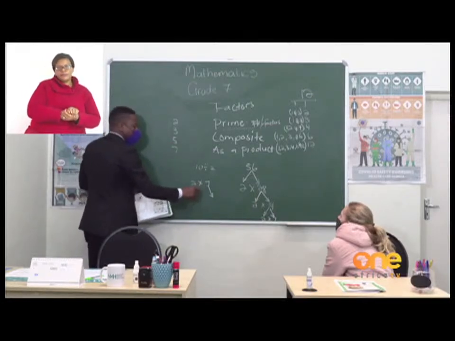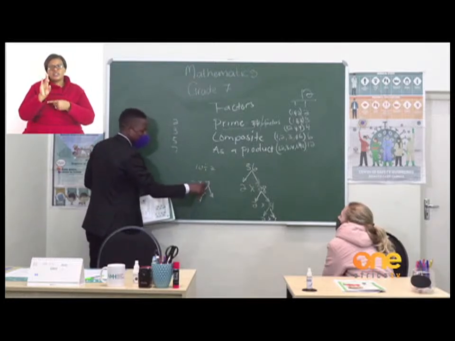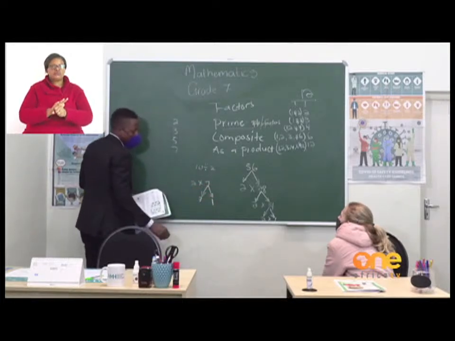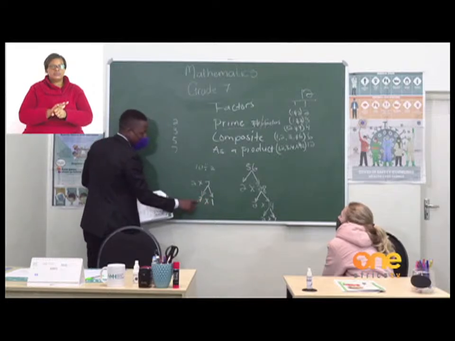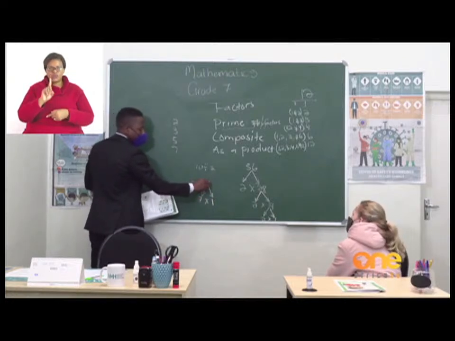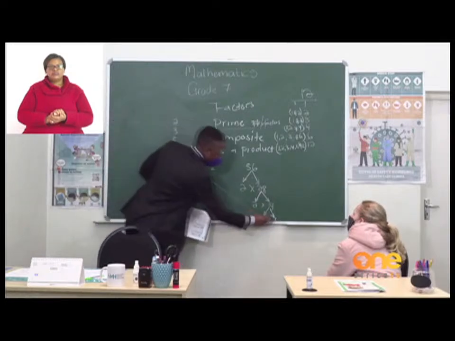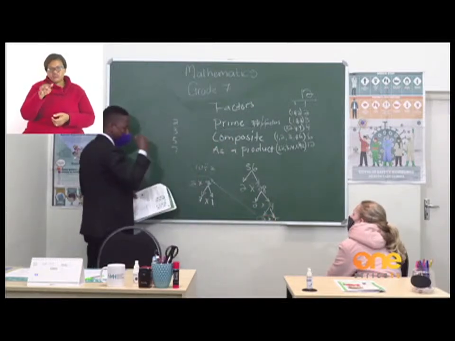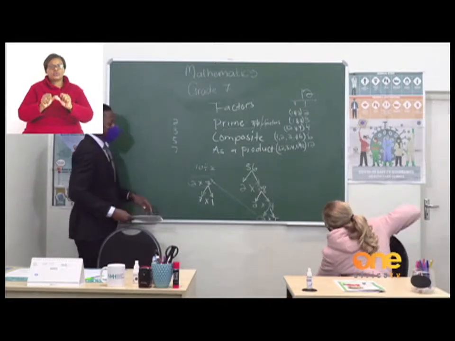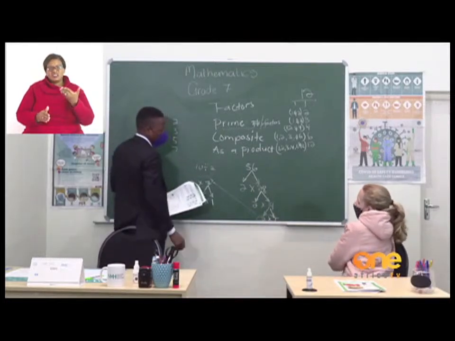So if I divide by 7, 7 goes into 7 one time. And if I multiply 7 times 1, I'll get 7. So this is just the same as that. I just wrote it because you need to see how you have to go down. So this is a method which is called a factor tree.